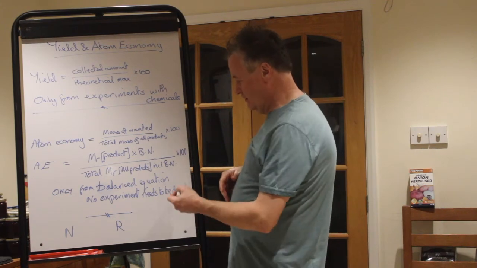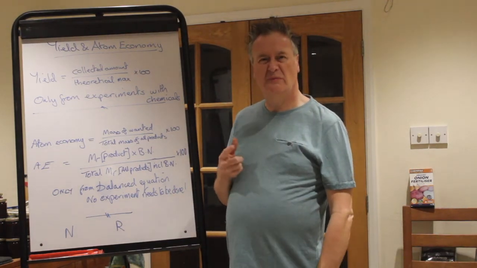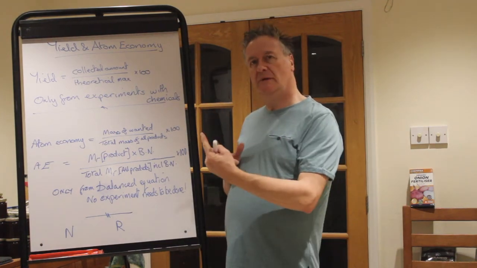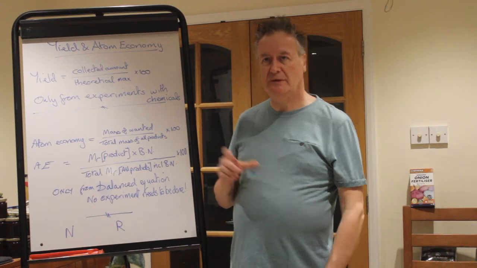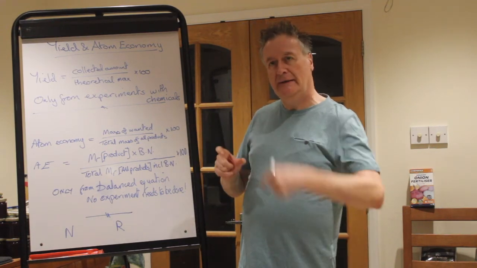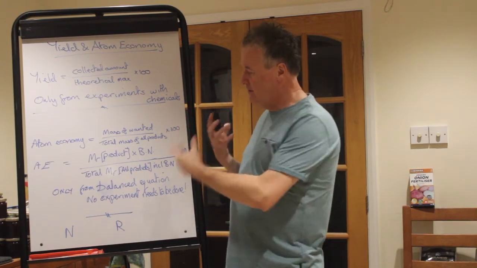Now there is one trick with it, that if you've only got one product, really important thing, if you've only got one product, the atom economy will by default be 100% because you haven't got anything else. In another equation there will be the product that you want and there'll be some other stuff.